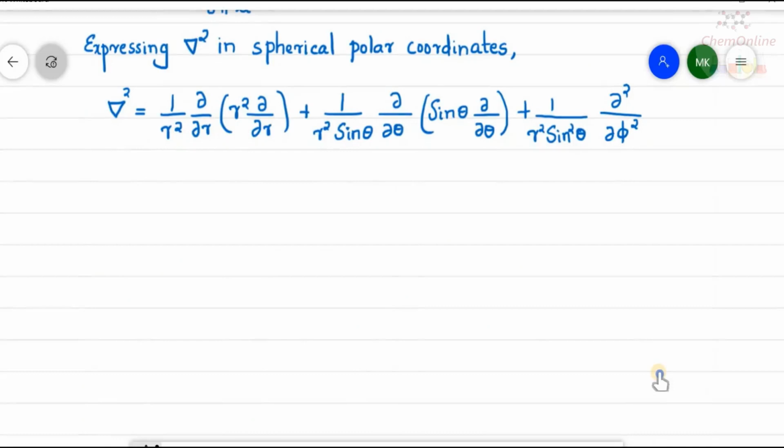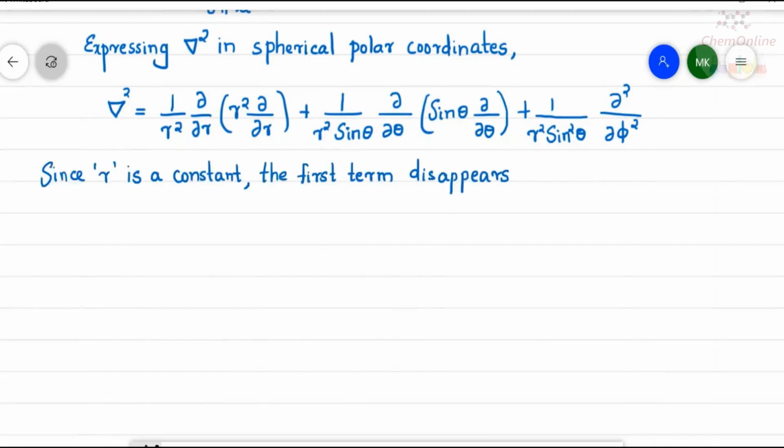Now here we have assumed that r is a constant. Since r is a constant, the first term disappears. That is, the term dou by dou r of r square dou by dou r will be 0. And also, if we put r equals a, then the Hamiltonian h cap can be written as h cap equals minus h square by 8 pi square mu into, there is no first term, we are going to write only the second and the third terms.